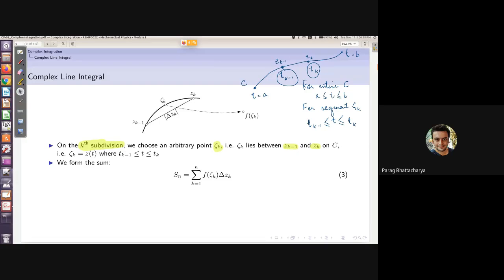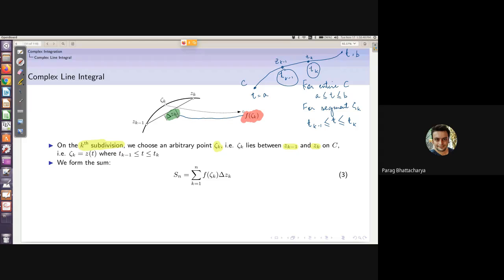Let me use a different color. So this function value and the range of this interval, you multiply these two.